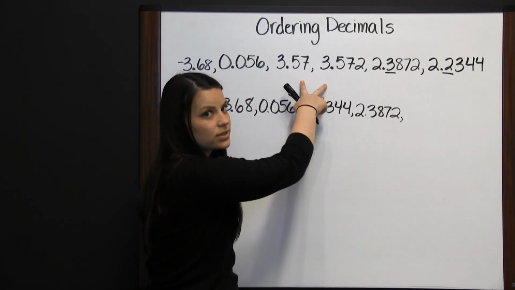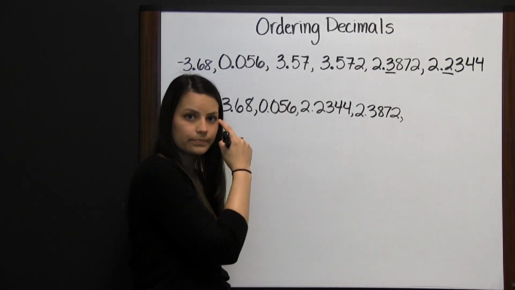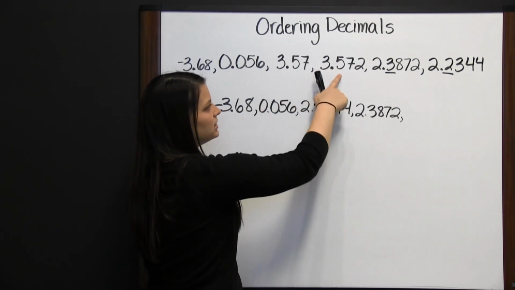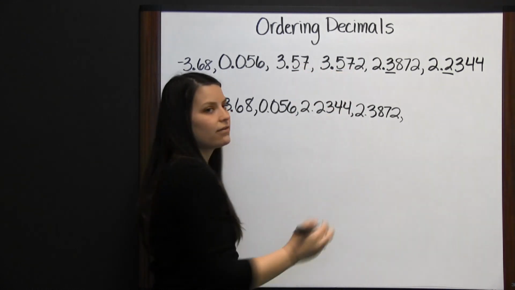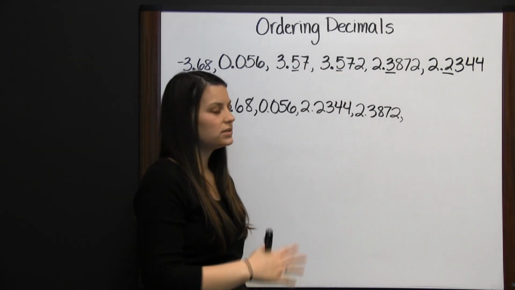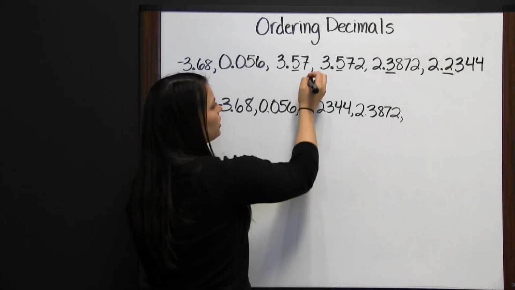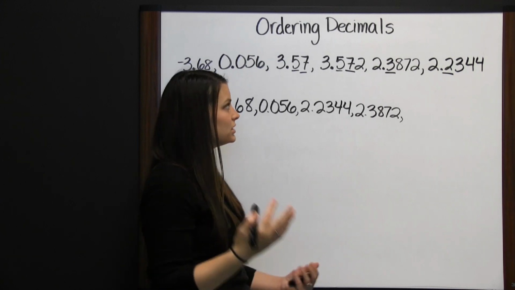These 2 are the last ones I have, and again, they have that same whole number. So then we'd move to the 10th place to compare and see which one is smaller. Looking at our 10th place, again, they have the same number. So still we don't know which one's going to come next. So we look at the 100th place. They're still the same.